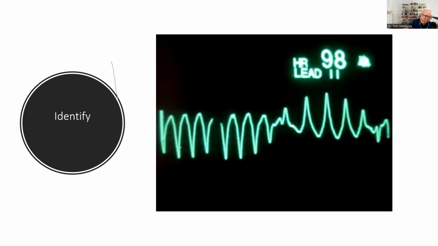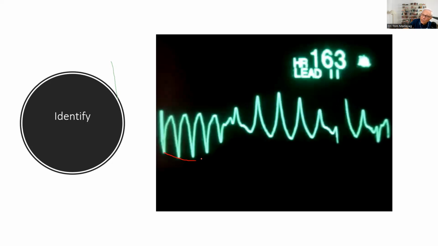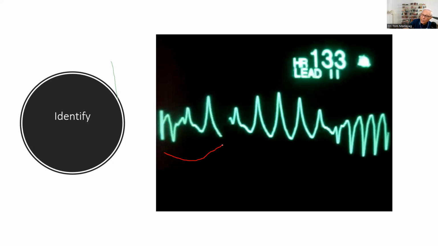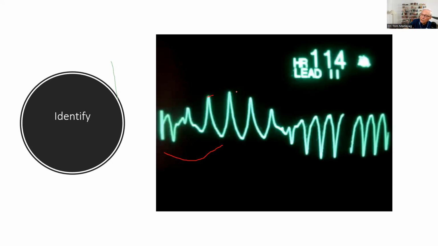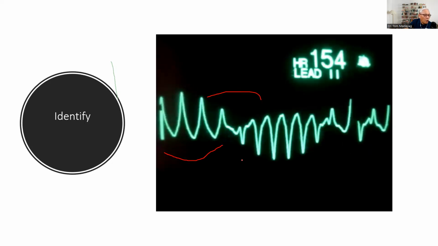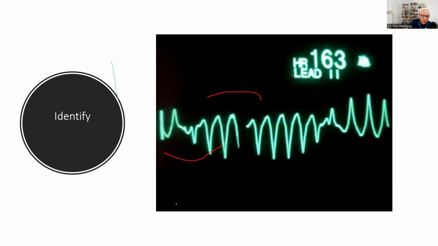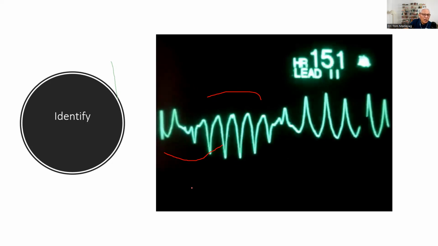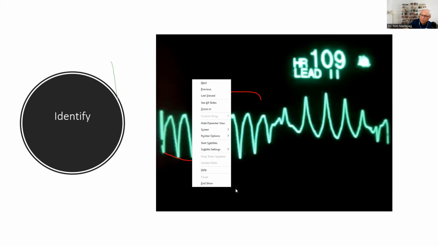As you could see, the points are sometimes going down, sometimes going up, and therefore they're going in different directions. This is what is known as torsades de pointes.